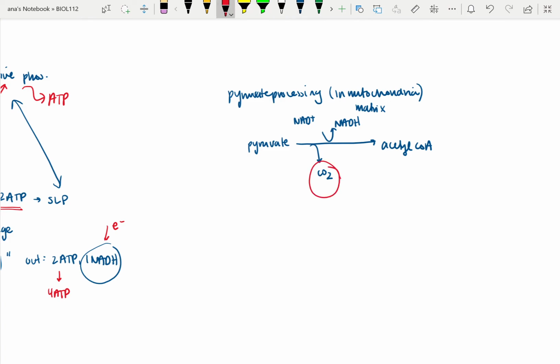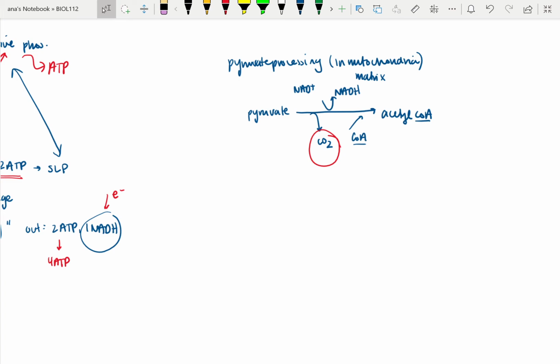If I'm releasing something oxidized, that means something else had to be reduced. Generally when something is being oxidized, something else is being reduced. In this case, we're reducing that NAD plus, donating those electrons to make more NADH. We're also going to input coenzyme A, which is this little thing that's attached to our acetyl molecule.